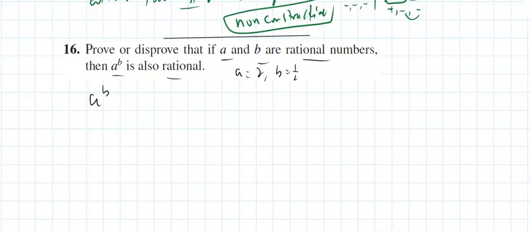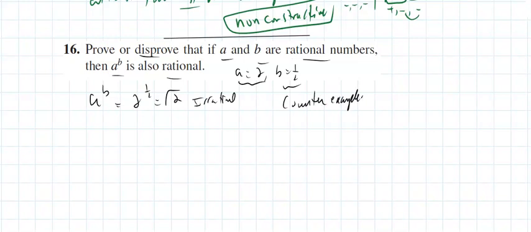Then this is rational and this is rational. But if you take A to the B, that is 2 to the 1/2, which is square root of 2, this is irrational. So this is a counterexample. Therefore, this statement is not true, it's false.